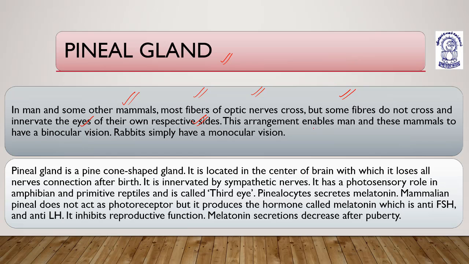This arrangement enables man and these mammals to have binocular vision. Rabbits simply have monocular vision.